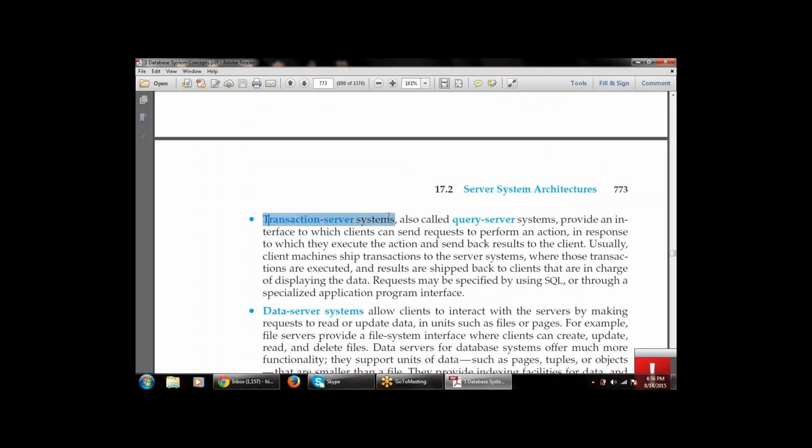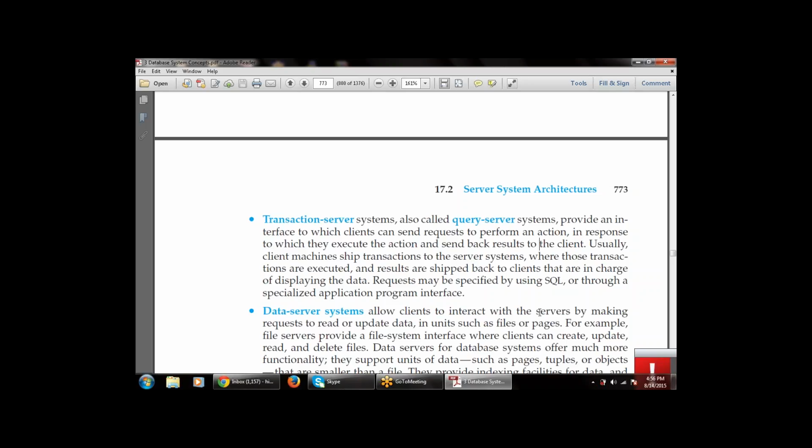Transaction server systems, also known as query server systems, provide an interface to which clients can send requests to perform an action. That is, the client gives a request to the server to perform some actions, in response to which the server executes the actions and sends back the result to the clients. Usually, client machines ship transactions to the server systems, where those transactions are executed and results are shipped back to the clients, who are in charge of displaying the results.